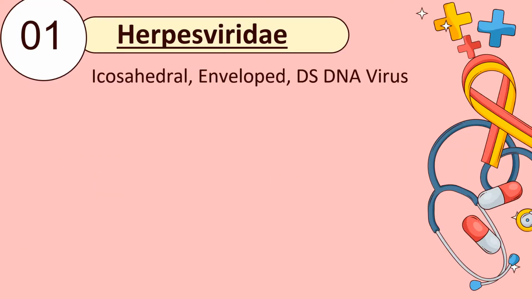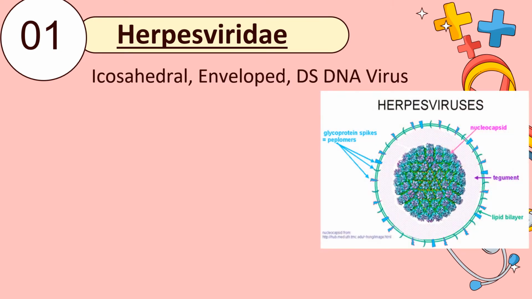The first group of DNA virus that we will discuss is the herpesviridae. Note that the viruses under the herpesviridae family are icosahedral in symmetry, they are enveloped, and contain double-stranded DNA. The herpesviridae family contains several important human agents.